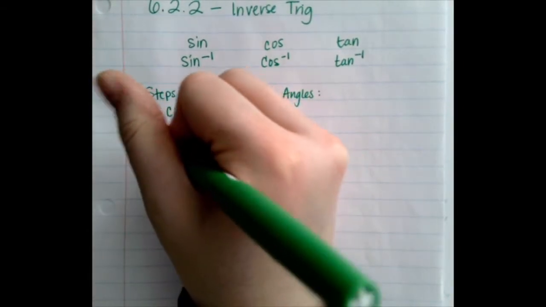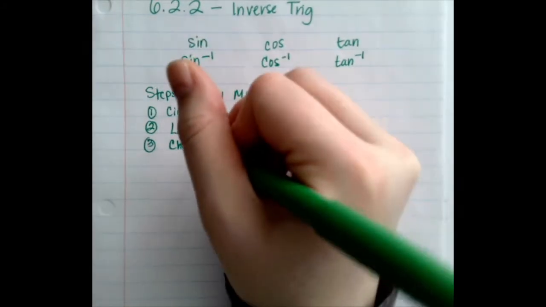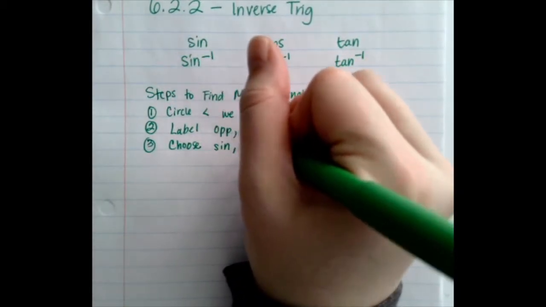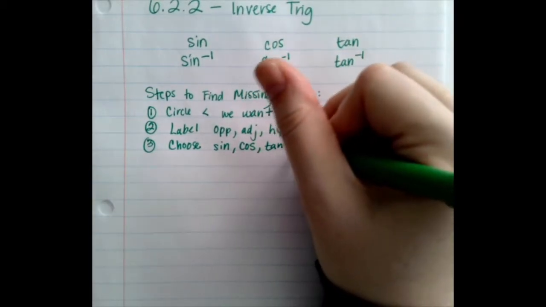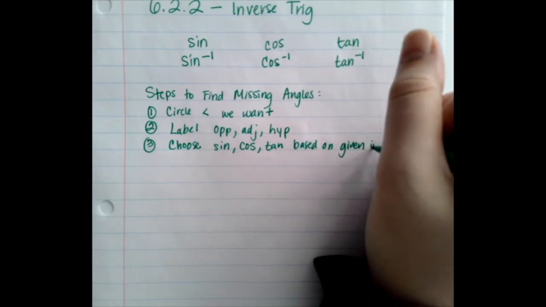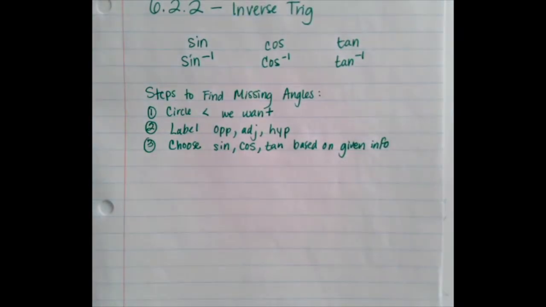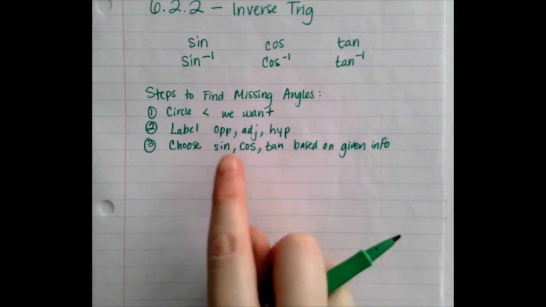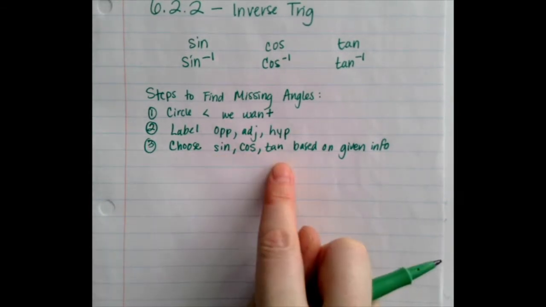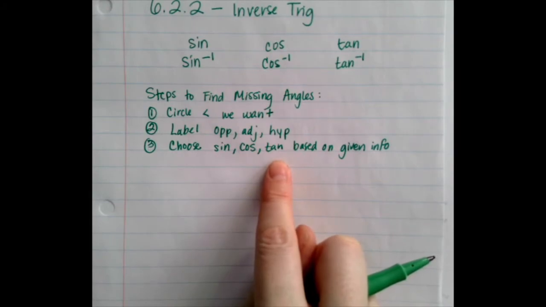Step three is to choose sine, cosine, or tangent based on given info. If you're only given information for sine, then you have to use sine. If you're only given the information for tangent, then you have to use tangent.